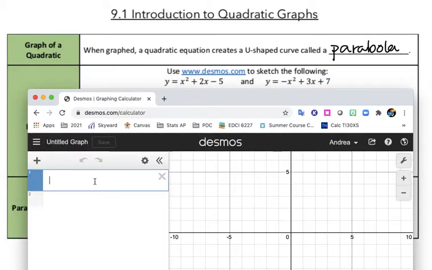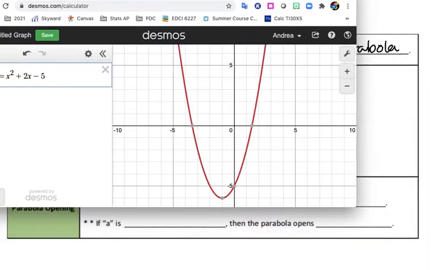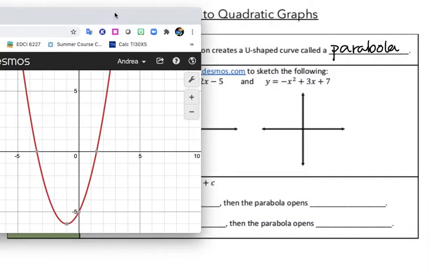And we want to sketch y equals x squared plus 2x minus 5. All right, so here's our first graph that we're sketching. It goes down, here's our axis at 0, 0, it's going down, it's crossing here, it turns here, it crosses the y-axis here, and then the x-axis again here.